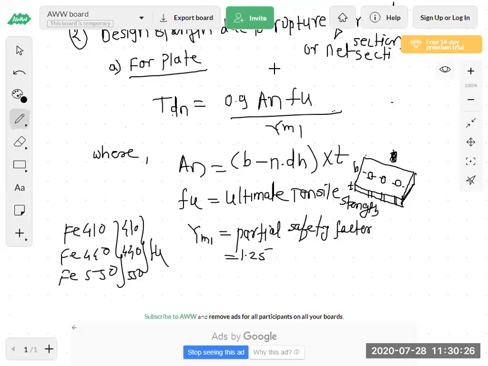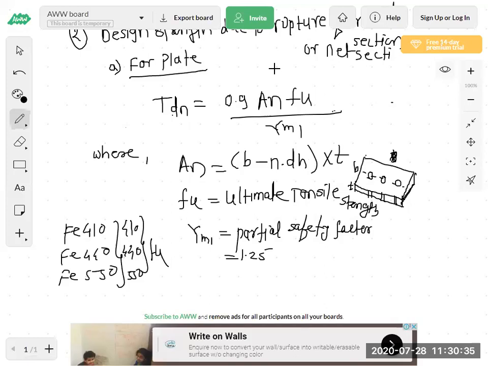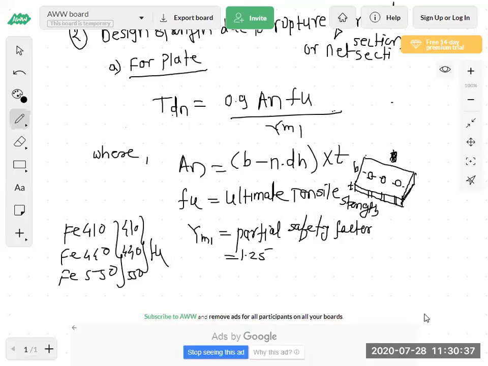Sujit Gawli. Open IS code page number 32. Open the IS code page number 32.